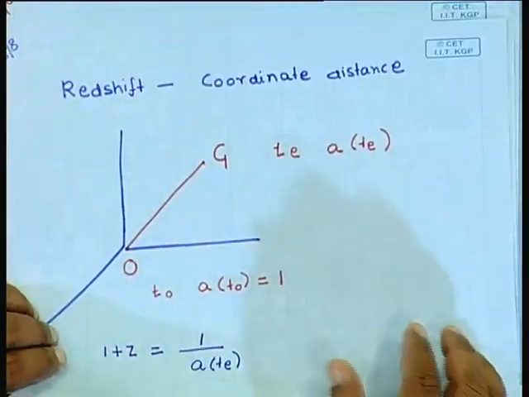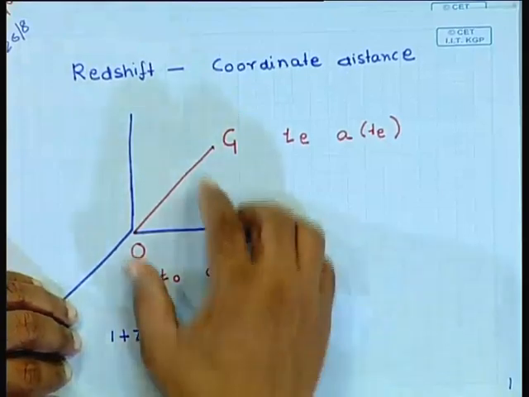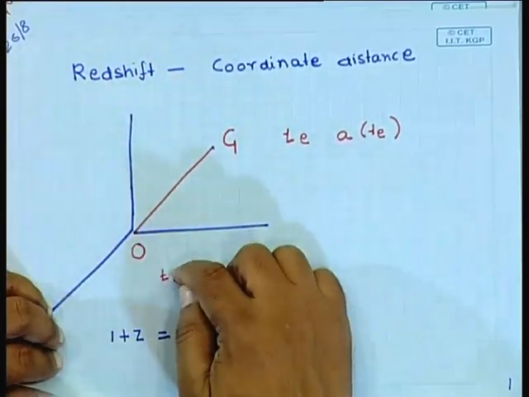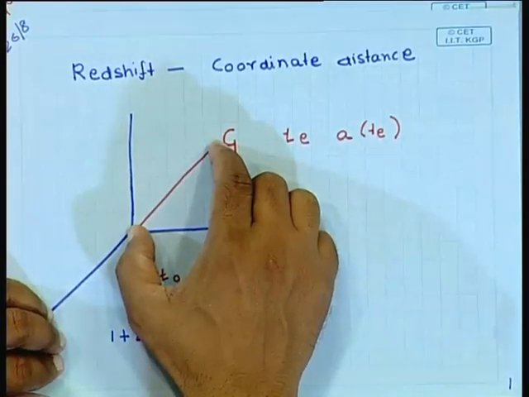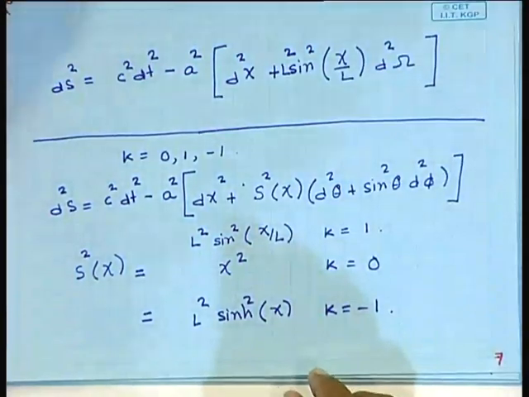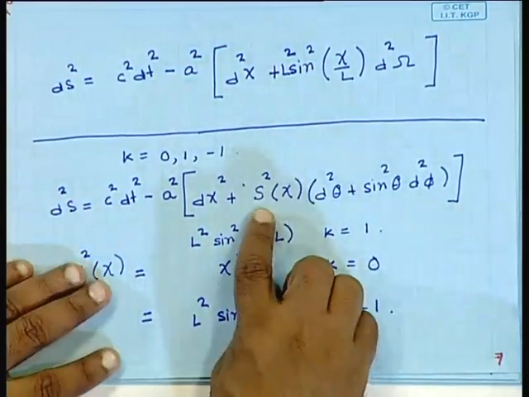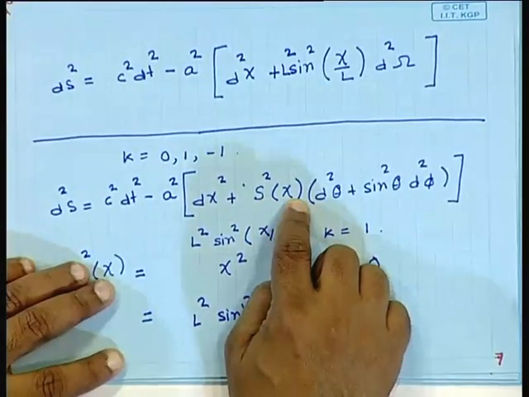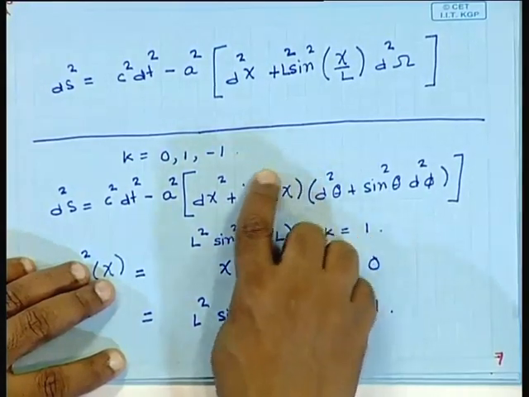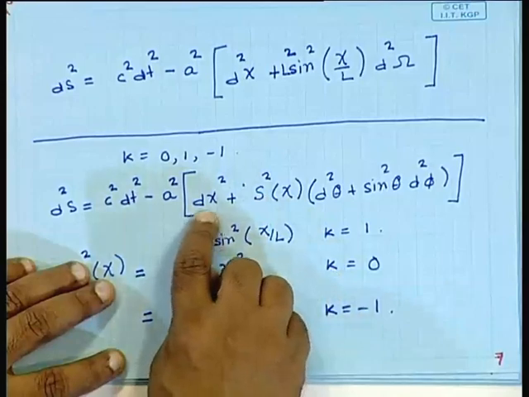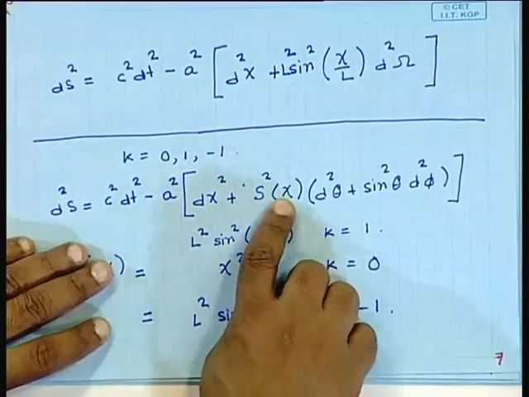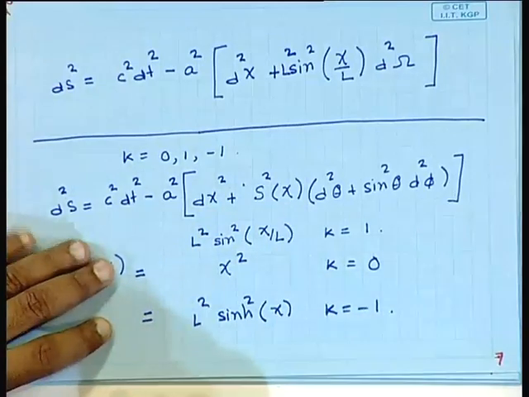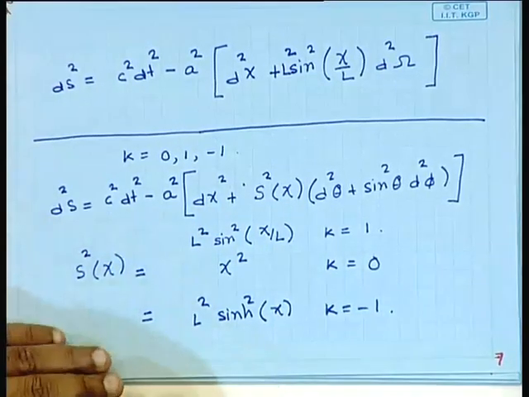In Euclidean space, the surface area of a sphere is 4 pi r square. In non-Euclidean space, the surface area of the sphere is determined by this function. It is 4 pi times this, whereas the radius, the radial direction, is chi.